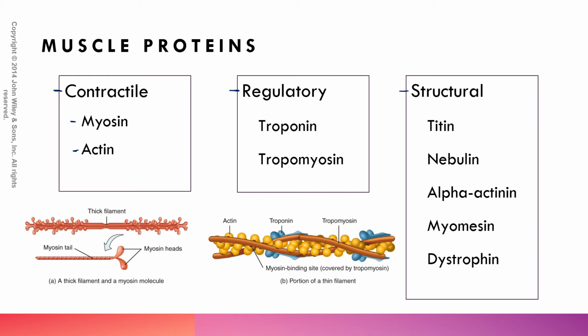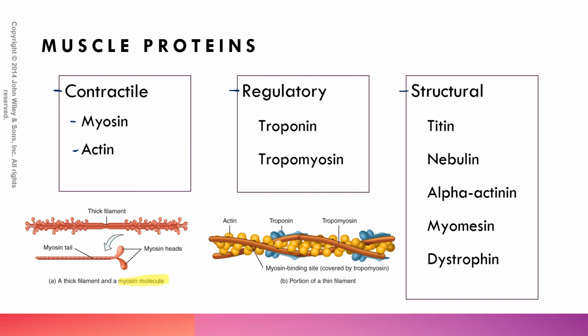So you can see this myosin molecule, a thick filament, right here. Motor proteins pull various cellular structures to achieve movement by converting chemical energy in ATP to the mechanical energy of motion, and that's the production of force.